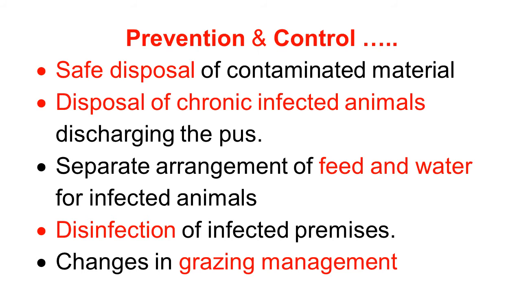Change in the grazing management because those animals which are discharging pus may infect the pasture. And you know that the injury caused by hard grasses, pasture, grass awns may cause infection into the other animals.